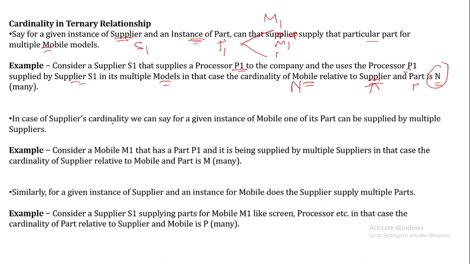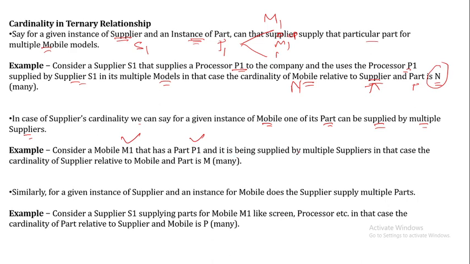In case of supplier cardinality, we can say that for a given instance of mobile, one of its parts can be supplied by multiple suppliers. Consider mobile M1 that has a part P1, let's suppose P1 is the processor.